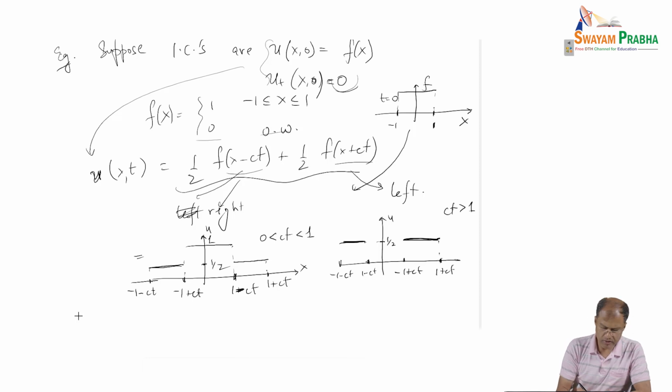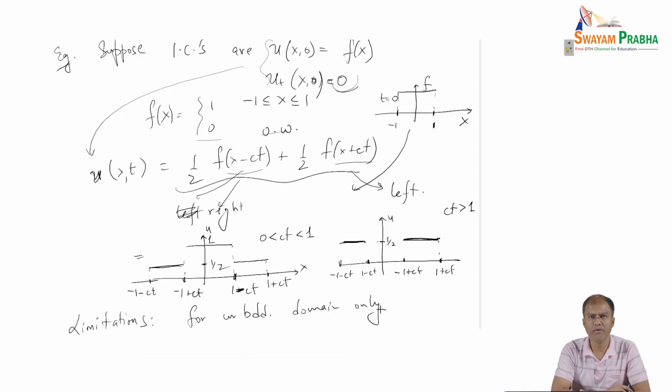This is also the limitation of D'Alembert's method: it is applicable for unbounded domains only. Otherwise, for bounded domains, we have to use finite integrals, which is a severely restrictive form of solution, where we cannot use the general D'Alembert's method.